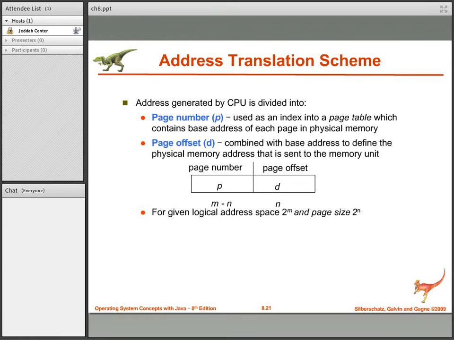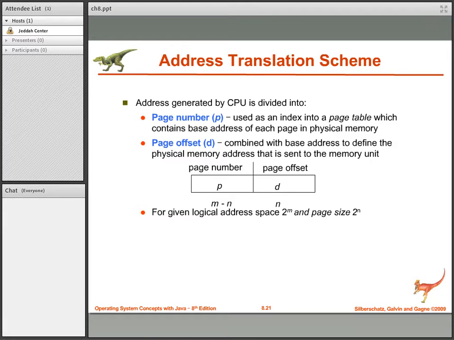Now, what is the scheme for this translation of addresses? To translate the logical addresses, we divide the logical address, which is, of course, generated by the CPU, into a page number segment and a page offset segment.